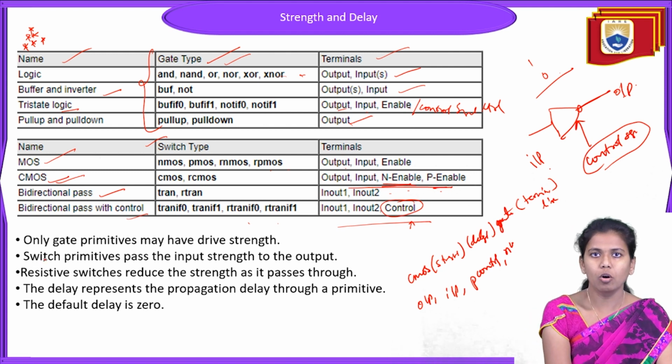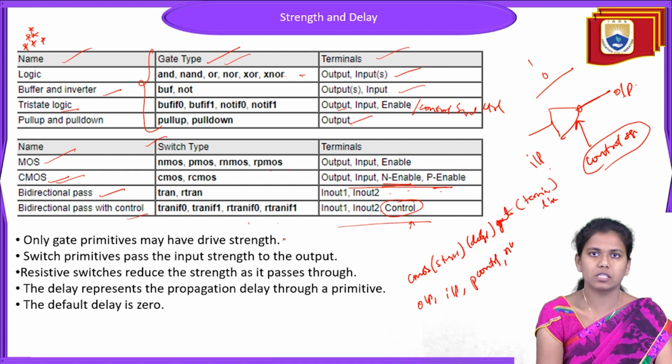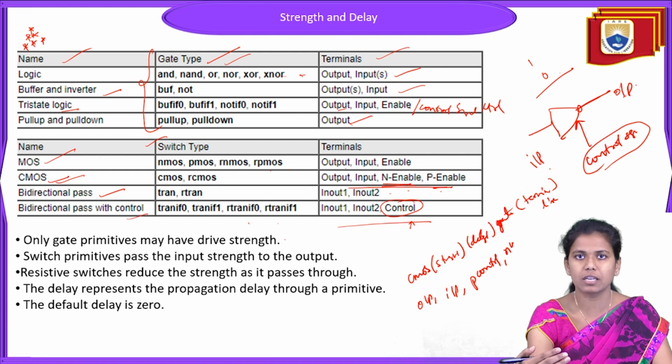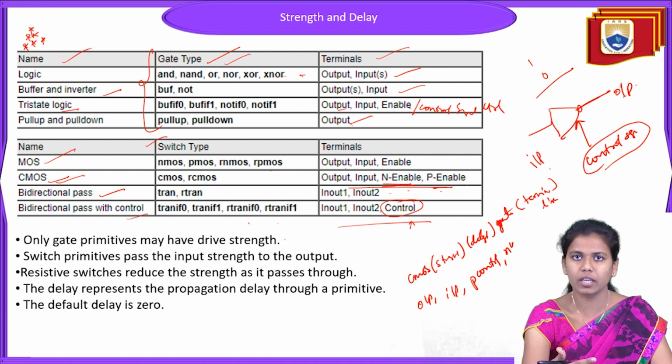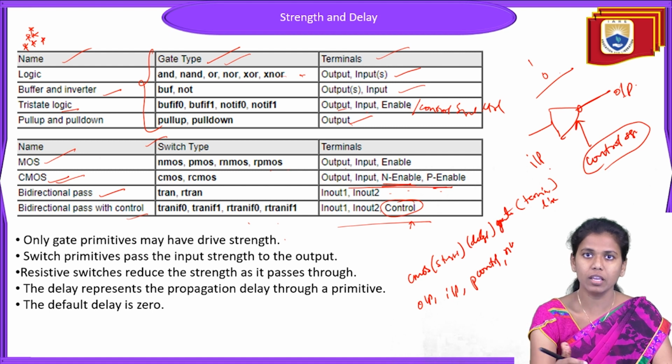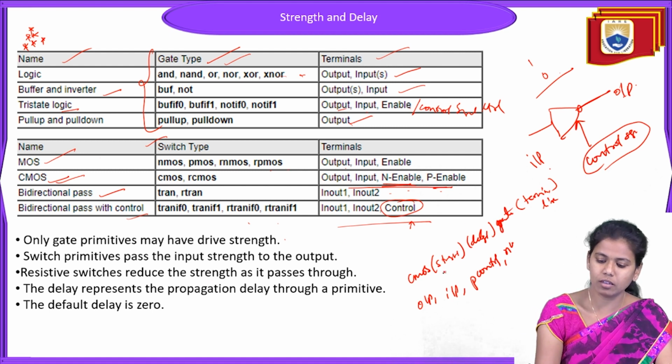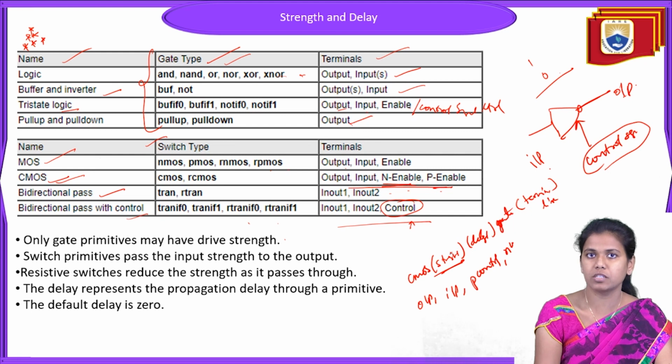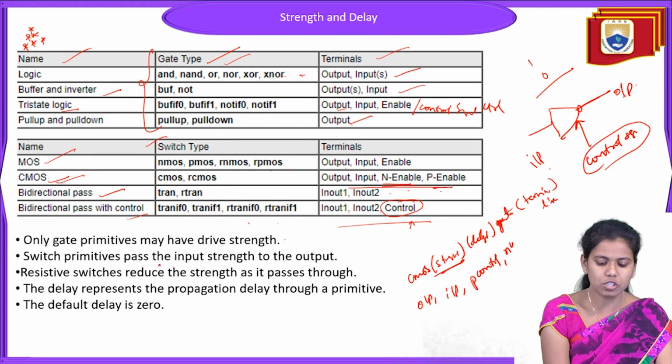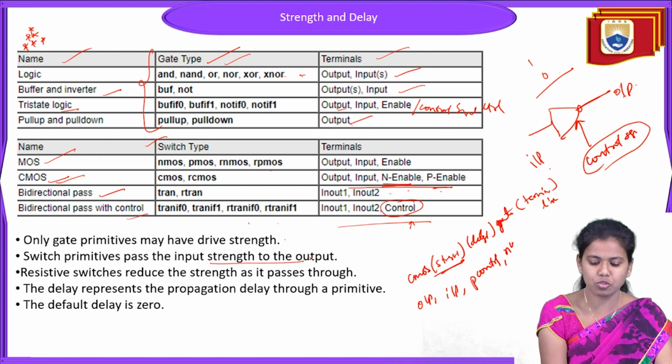So here, only gate primitives may have drive strength. As we discussed in the previous slides, only the gates will have the strengths. The strength keyword would be represented only with respect to the gates, not with the switches. And then switch primitives pass the input strength to the output.